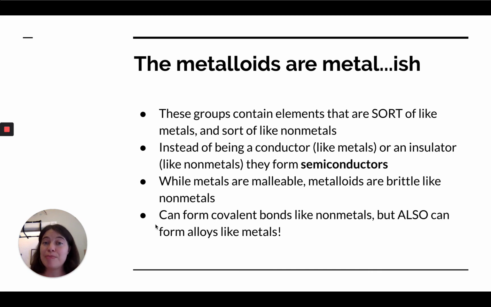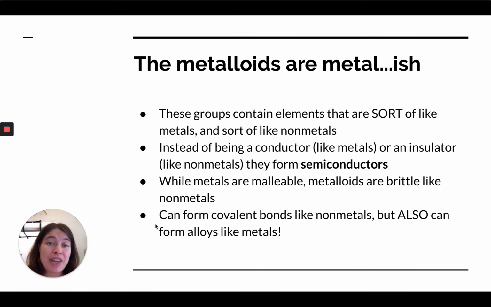Imagine the difference between stomping on those two different containers. If you stomp on an aluminum can, it's just going to crush, right? It's malleable, you can hammer it or squish it into a different shape. If you stomp on a glass bottle, it's going to shatter because silicon is very brittle. That's much more similar to the nonmetals.